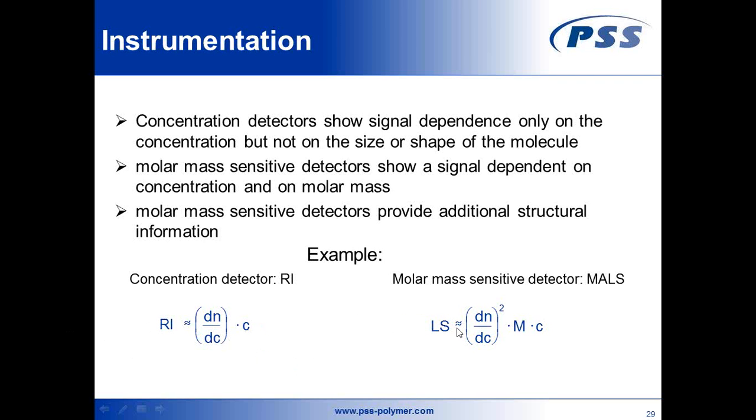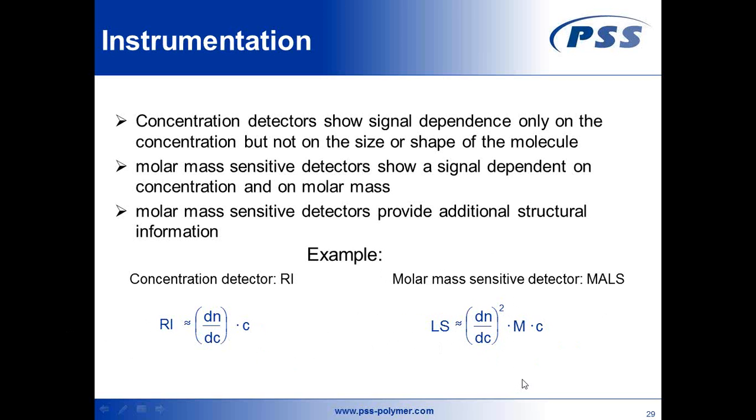Adding a molar mass sensitive detector, you get additional information, because as the name indicates, a molar mass sensitive detector's signal intensity depends not only on the concentration, as indicated by this equation here, but also on the molar mass, and on the specific refractive index as a sample constant.